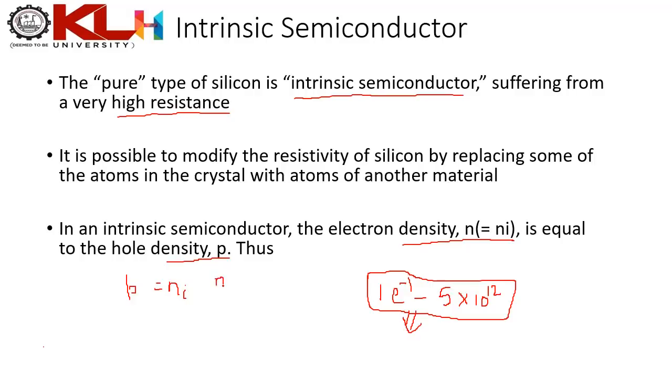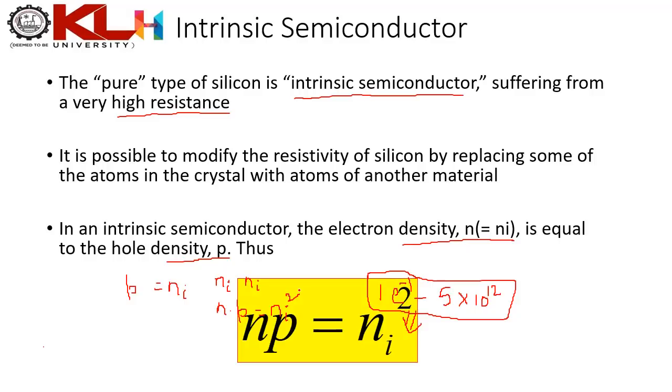So if in an intrinsic semiconductor there are ni free electrons, of course there will be ni holes. So what will be the product of electrons and holes? n into p, it of course will be equal to ni square. Okay, so n into p is equal to ni square. This is an important result, so you should be able to remember this.